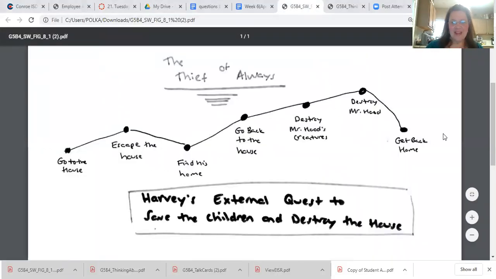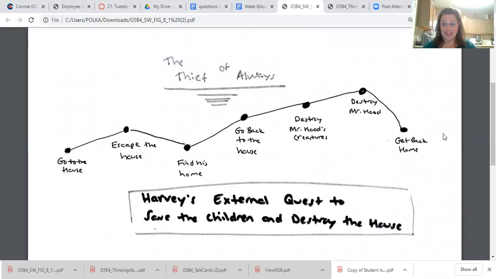There we go. We're going to look at Harvey's external quest to save the children and to destroy the house. And you'll notice in this chart, it doesn't just go up and down, right? There's different points in this story, and this does go sort of in time order of what's happening. This is what's happening on the outside of Harvey, not what's happening to him internally.